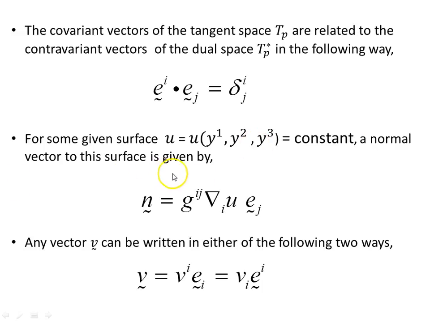A normal vector to this surface is given by this, and this is a general normal vector, not of unit length, just a normal vector to the surface. Any vector can be written in either of the following 2 ways: with contravariant components and covariant basis vectors, or with covariant components and contravariant basis vectors.